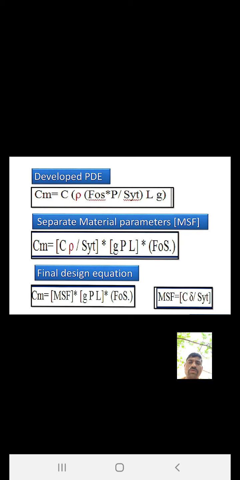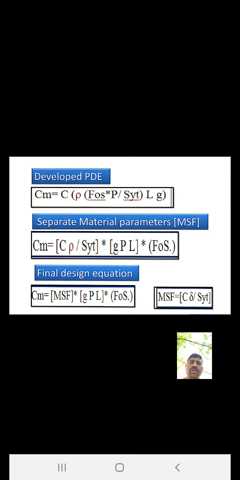Cm is equal to C into rho divided by SYT, into GPL into factor of safety. And the final design equation: Cm is equal to MSF, the separate material parameter, into GPL into factor of safety.